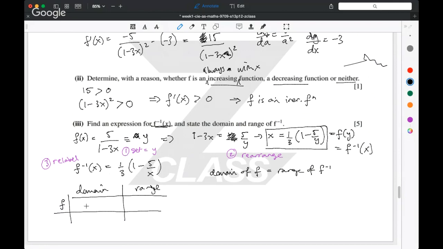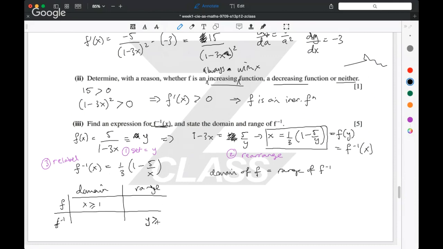Well, the domain was x greater than or equal to 1. Therefore, that's the range of f to the minus 1. Well, it's not x anymore. It's y.